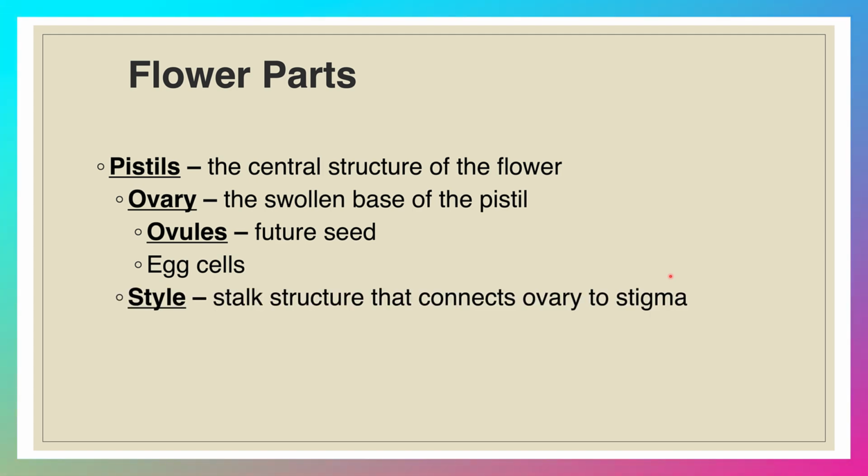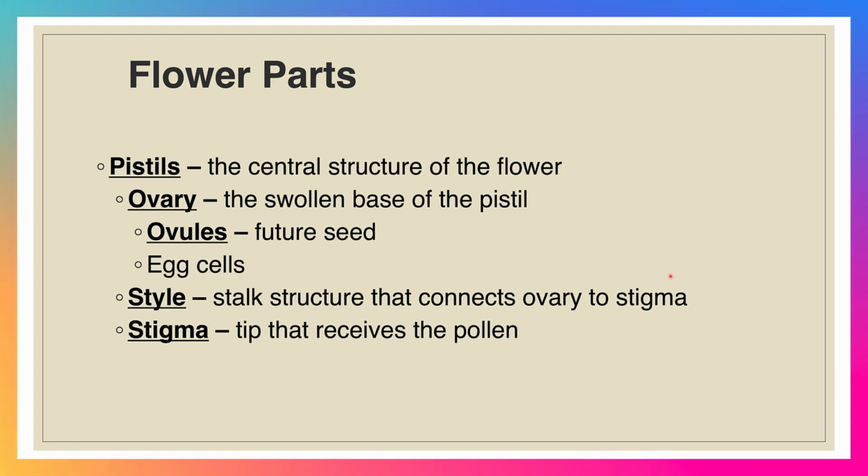The style is the structure that connects the ovary to the top of the pistil, which is called the stigma. The tip of the pistil is called the stigma, and the stigma receives the pollen, and then the pollen migrates down through the style until it reaches the ovary, and fertilization can occur.